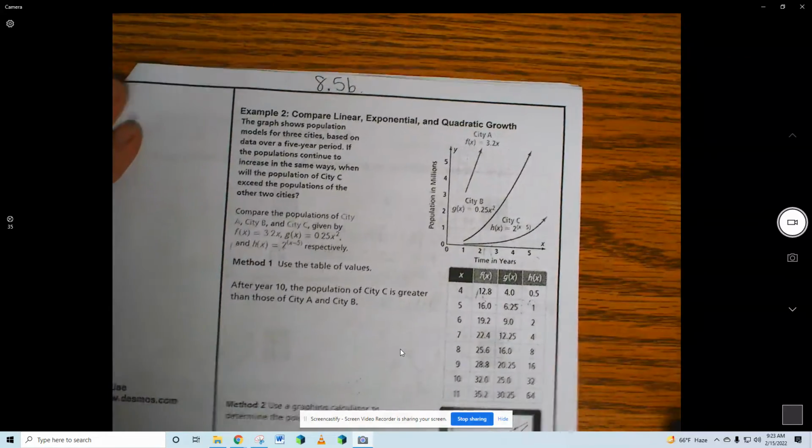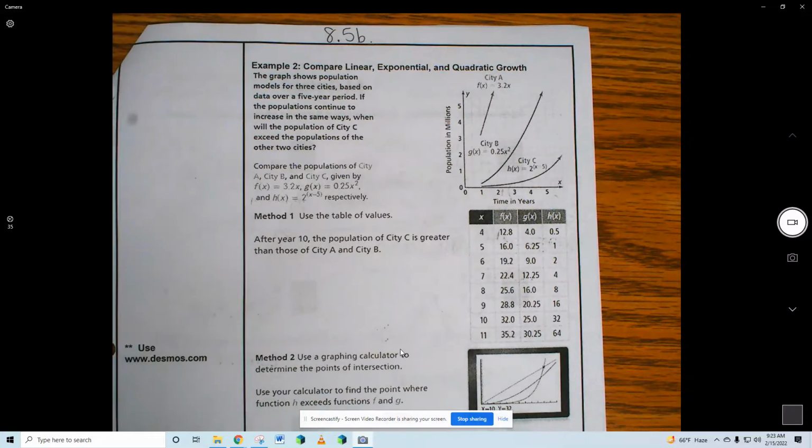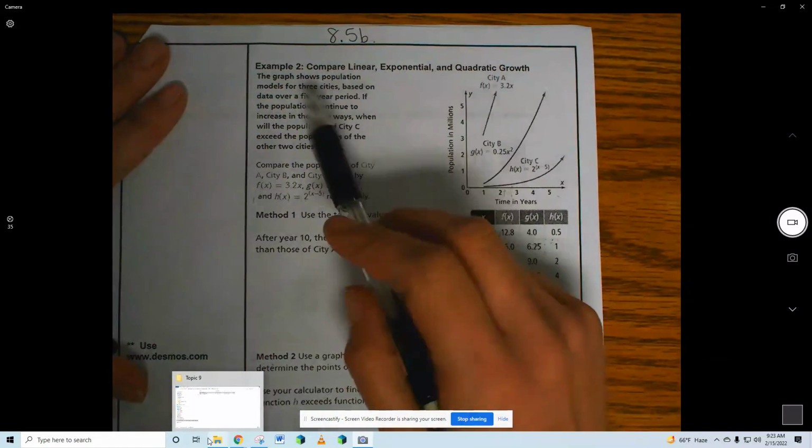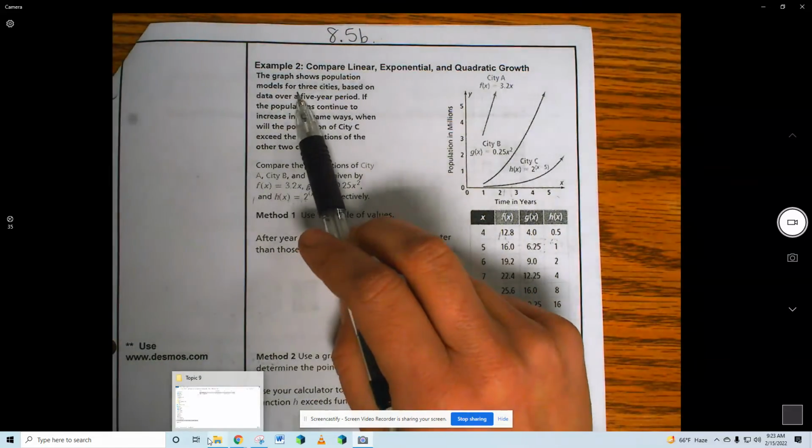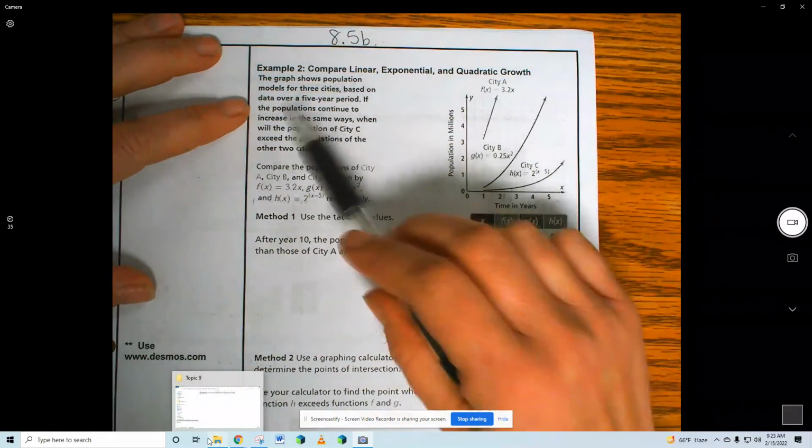Today I'm going to give you pictures and tables of values of graphs, and we're going to talk about, are they linear, are they exponential, or are they quadratic? So here's our first one. The graph shows population models for 3 cities based on data over a 5-year period.